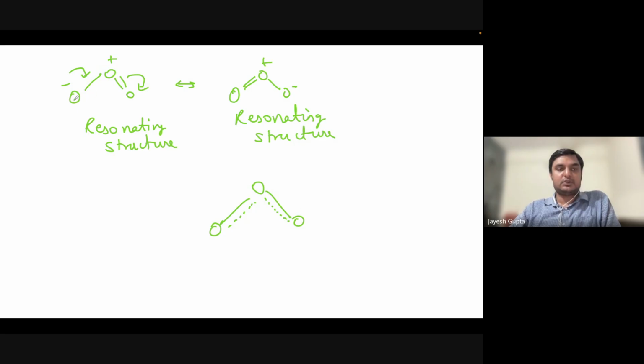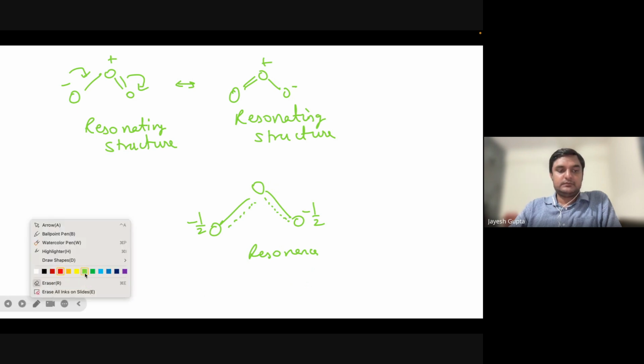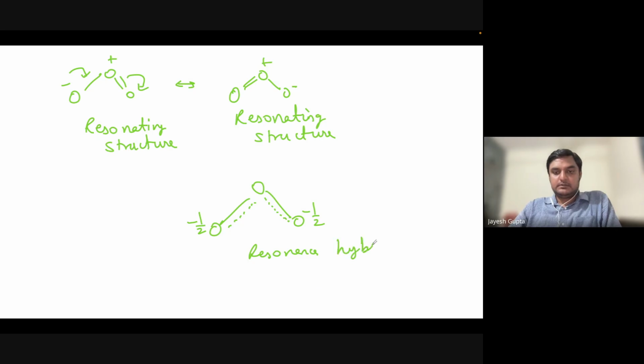Sometimes it is on this oxygen atom, sometimes on that oxygen atom. But since it is shared between two oxygen atoms, you have to write minus half on this one and minus half on this one. So this will become your resonance hybrid. And this oxygen will have a positive charge. In this way, you have to give the resonating structures and the resonance hybrid.